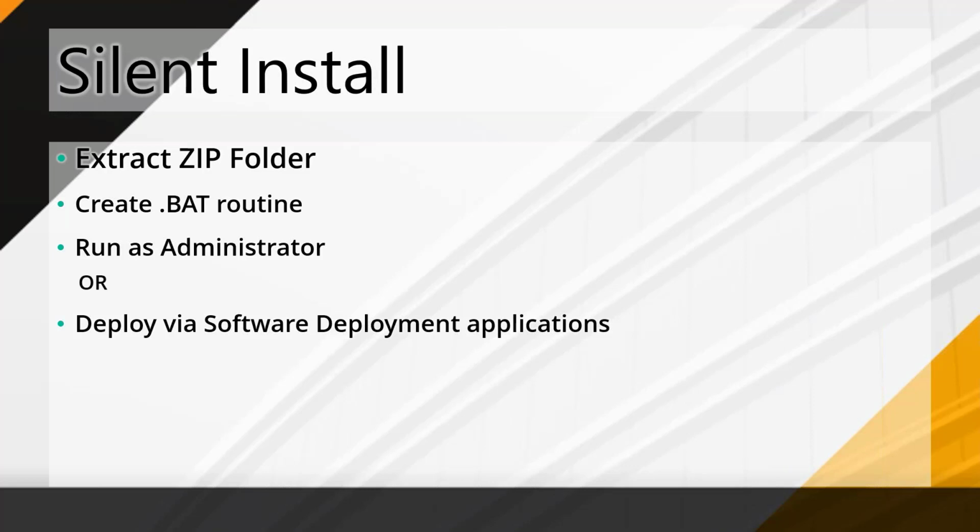Then we create an install file. And in my case today, what I'm going to show you guys is how to create a bat routine, which is effectively just a file we create in Notepad that calls the appropriate commands to run the install and to copy my config file to the proper location on my computer. Then we'll run it as administrator to make it happen.